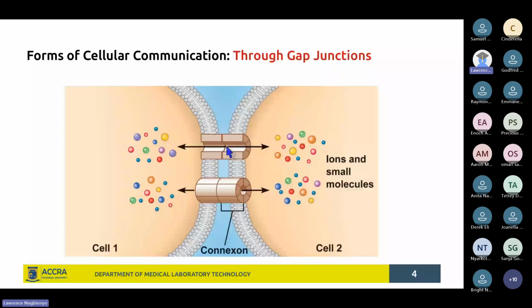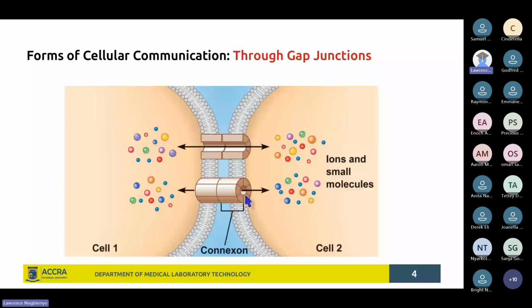These ion channels are created by what we refer to as connexons. So you see, you have a first cell on the left-hand side. You see the membrane there, and you have a second cell on the right-hand side. And in the membranes of each of these cells, you have the connexon.